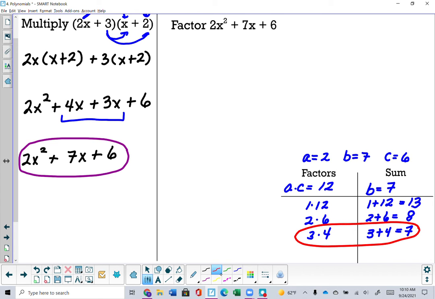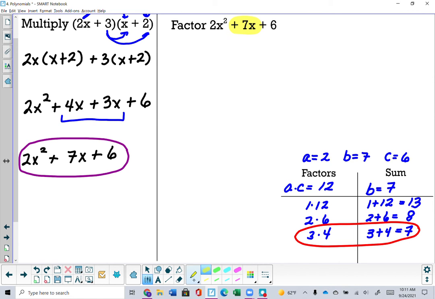Okay, so this is helping us figure out how to break down our problem so that we can reverse the multiplication. In other words, so that we can factor 2x squared plus 7x plus 6. So now that I have 3 and 4, I am going to use this 3 and 4 to rewrite my quadratic.